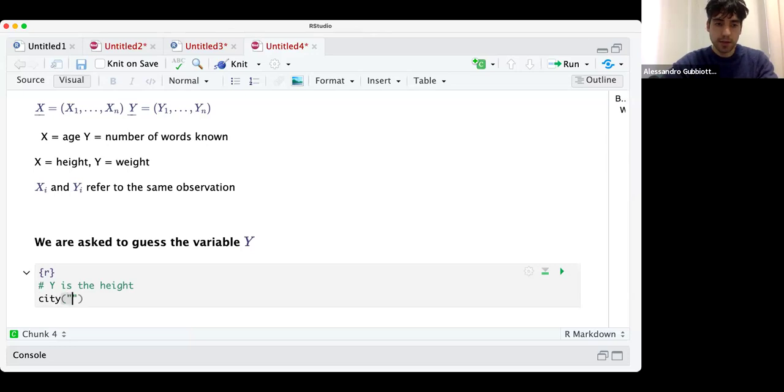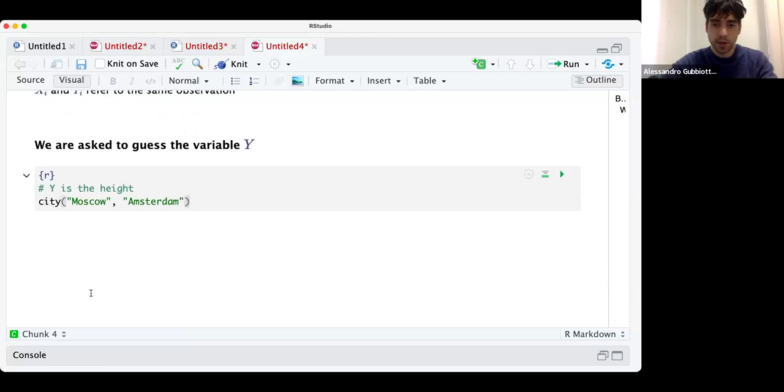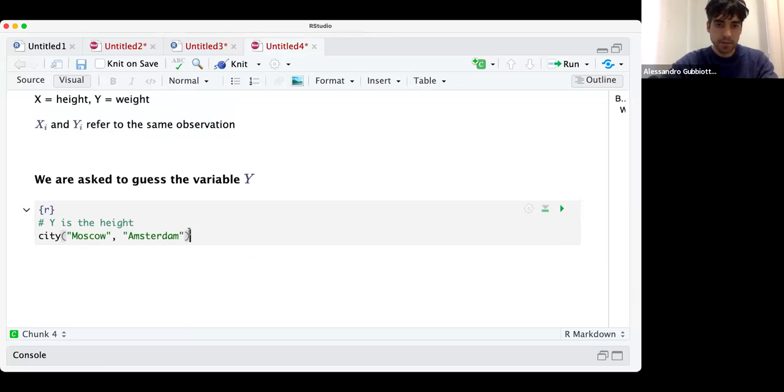So the city can be Moscow or Amsterdam. And I'm saying Amsterdam just because I've heard that they are very tall, though I don't know anyone from Amsterdam. So we will put a bigger mean in Amsterdam.